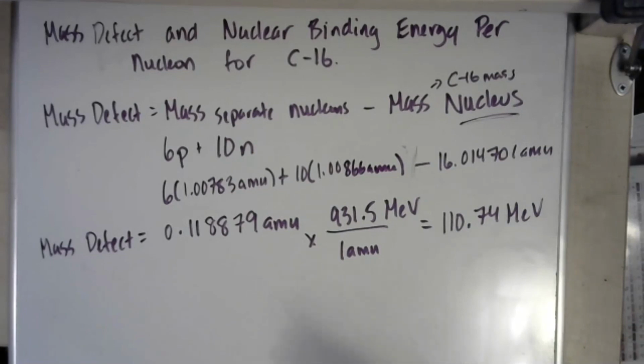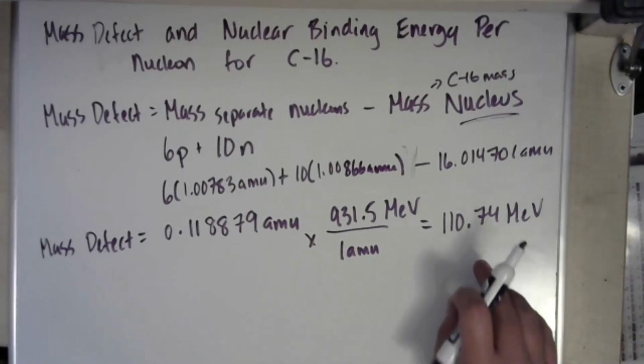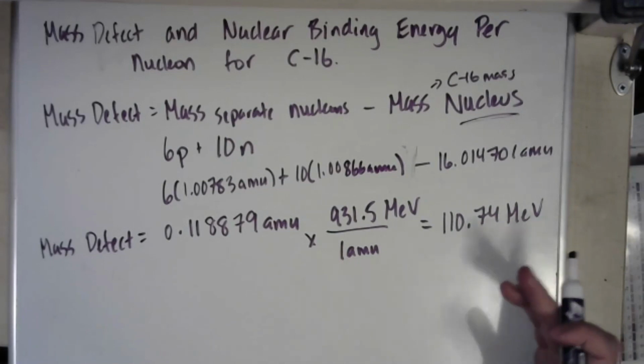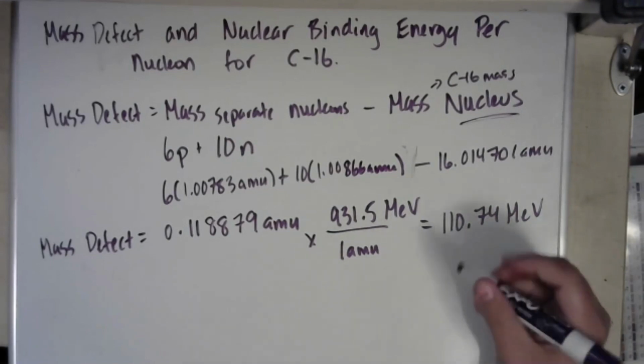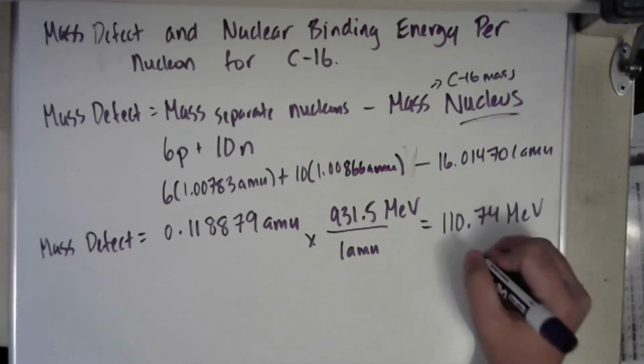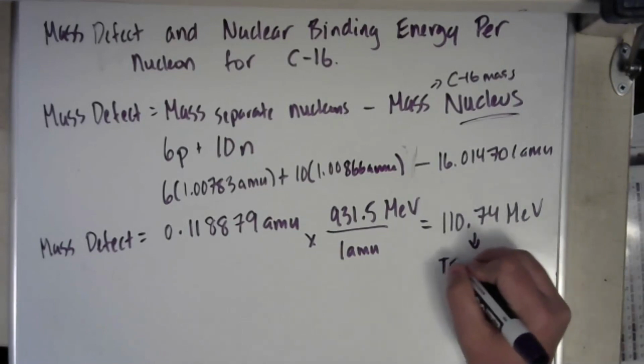If we needed this value in terms of joules, we could calculate it in terms of joules. In this case, it wants to know what the binding energy is, and this is the total binding energy.